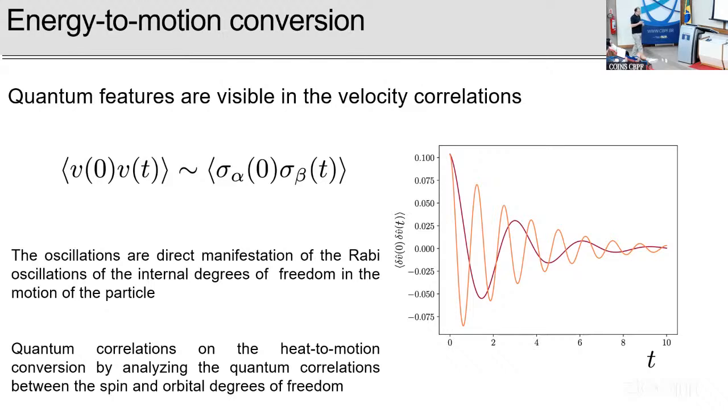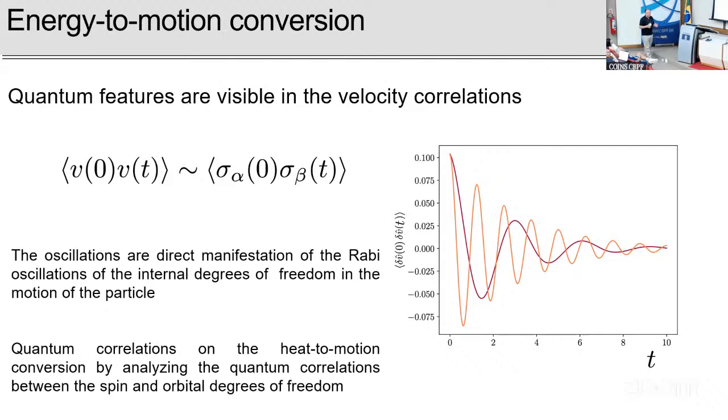So this is probably the simplest way to see quantum effects in the energy-motion conversion. Of course, if you're interested in studying the quantum effects in the motion itself, then you may imagine different situations like the Aharonov-Bohm effect or just interference.